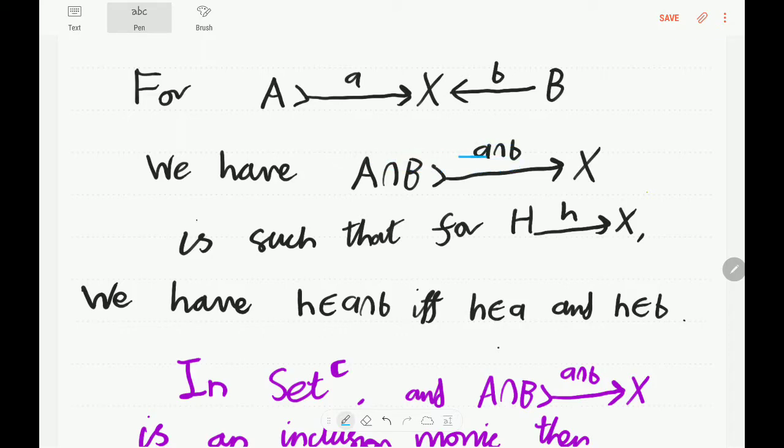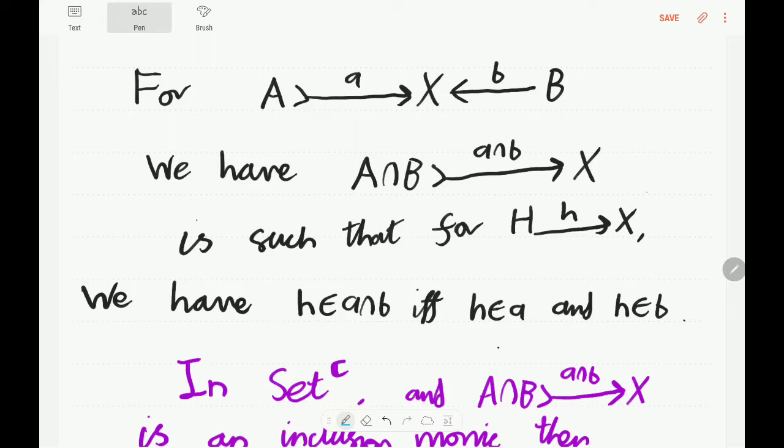Well, we can think of the intersection of a and b as a subobject of X, and it's really defined by the property that an arrow h which goes into X is in a intersection b if and only if h is in a and h is in b.